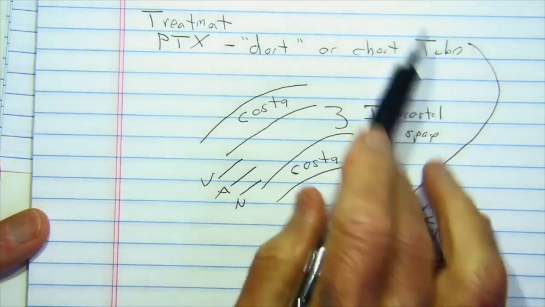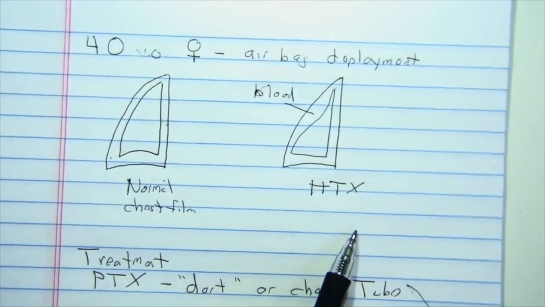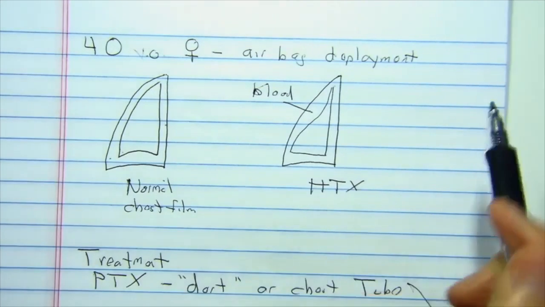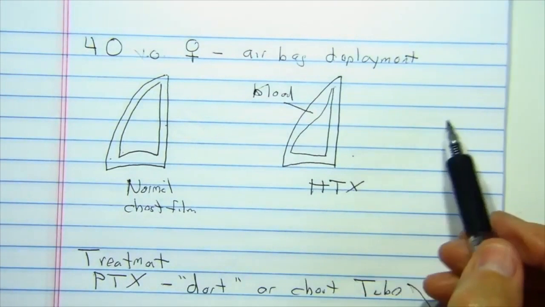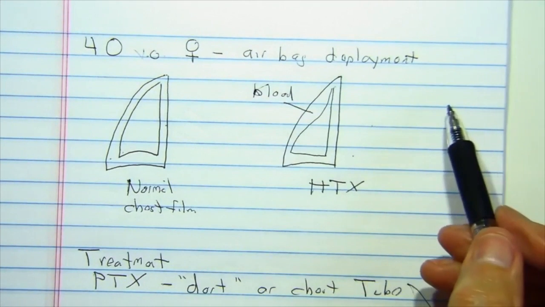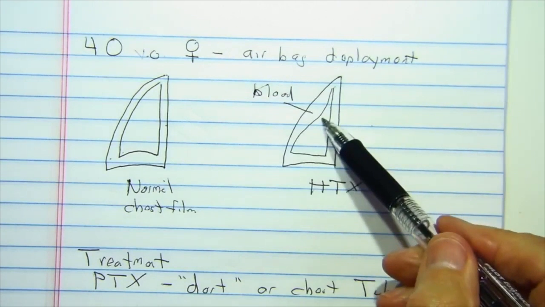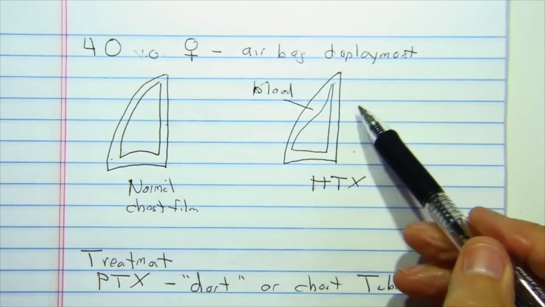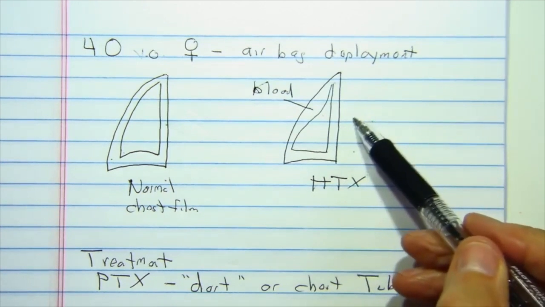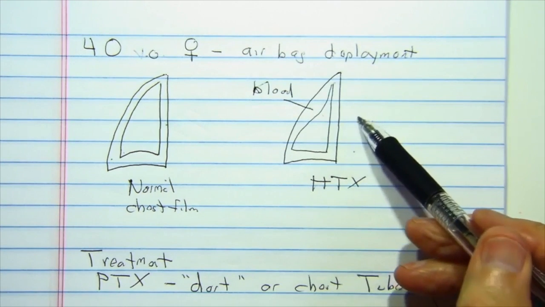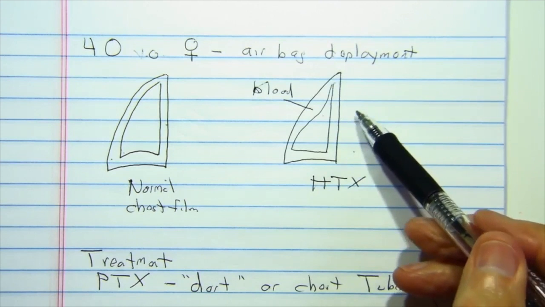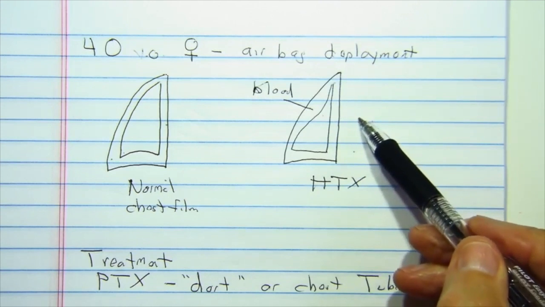Now, if it was a hemothorax that we had up here, we could probably let that resolve on its own if the bleeding has stopped. If the bleeding hasn't stopped, then we've got to get a chest surgeon in to stop the bleeding. But if the bleeding has stopped, we're just going to watch that, and notice we're probably going to have some increased respirations and probably some respiratory issues from that.